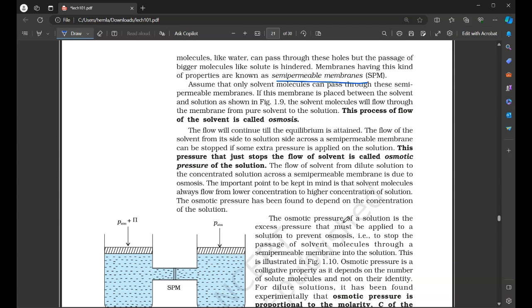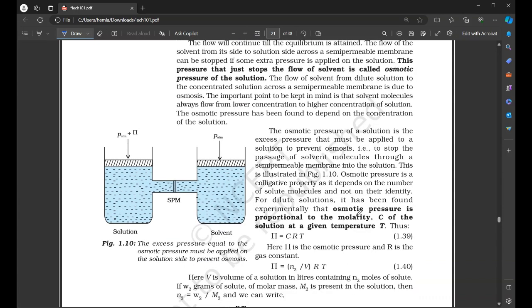Alright, it depends on number of solute particles, and the osmotic pressure of solution is the excess pressure that must be applied to the solution to prevent osmosis, to stop the passage of solvent molecules through the semi-permeable membrane into the solution. This is illustrated in Figure 1.10.